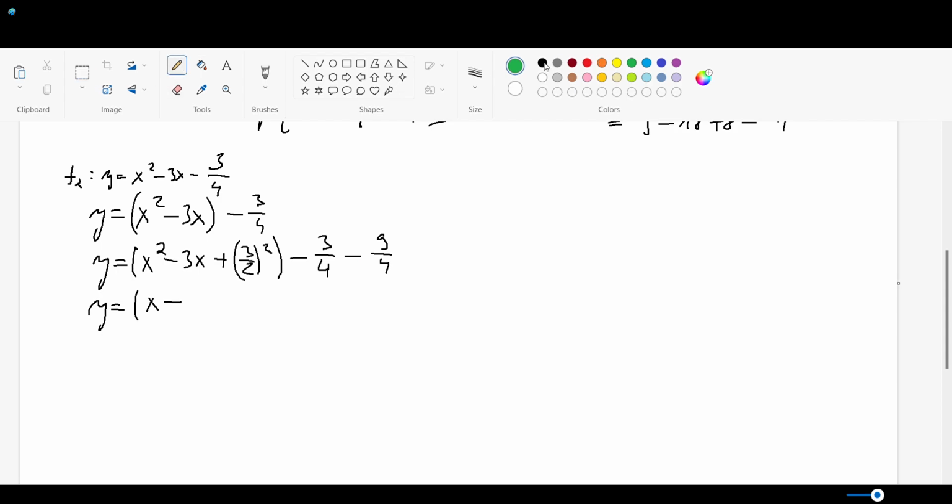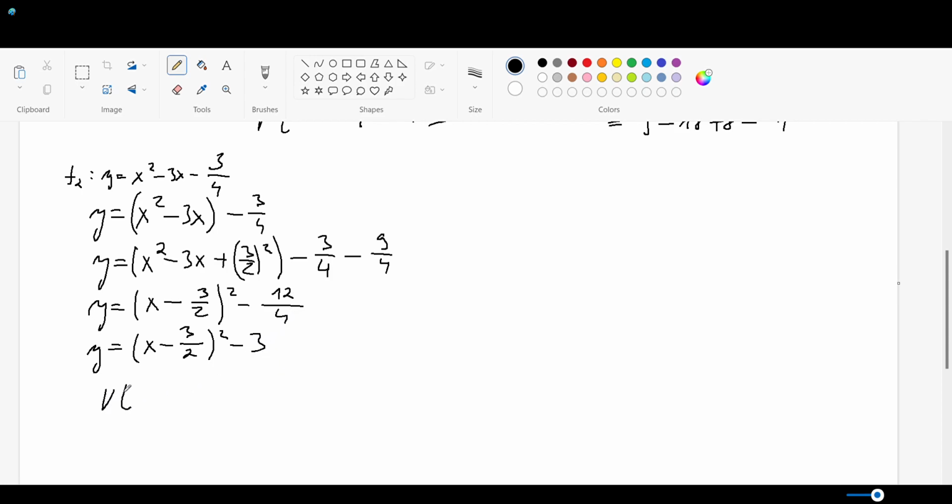Okay, so we can write this one as x take away 3 over 2 squared, take away, the common denominator is 4, and it's going to be negative 3 and negative 9, so it's negative 12 over 4, which can be simplified a little bit more, and it is x minus 3 over 2 squared minus 3.